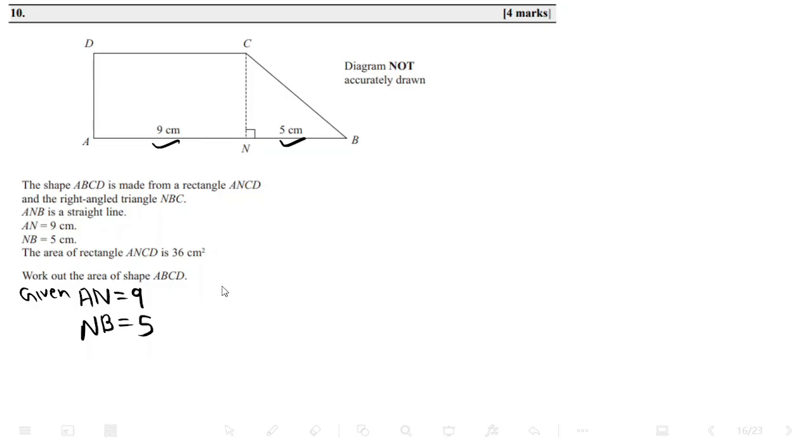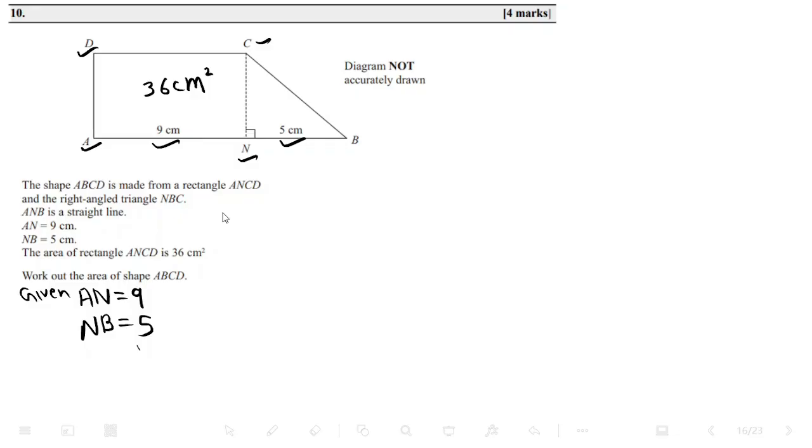Now see, the area of the rectangle ANCD is already given as 36 centimeters square, right? Now what is exactly happening is that the length is given but the breadth is not given.